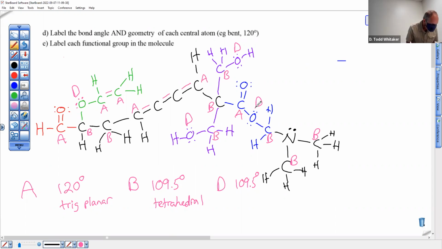Where's it? But wait. Here? No, that's not a terminal atom. It's sp2 hybridized. I'm not going to do geometry for atoms just sticking off. D, 109.5, and I said it, I didn't write it. We said bent, right?